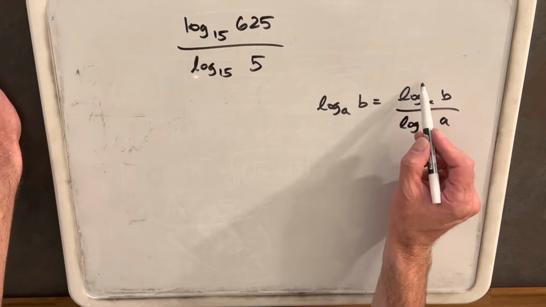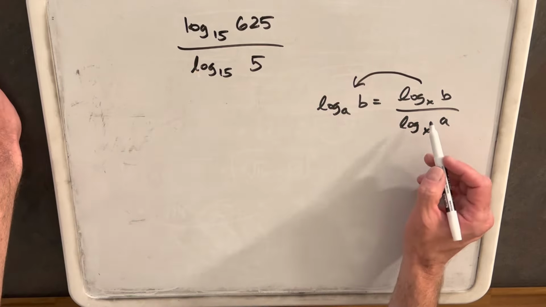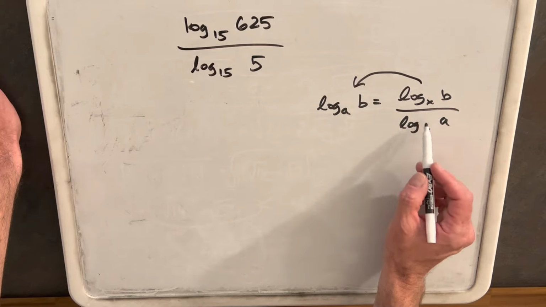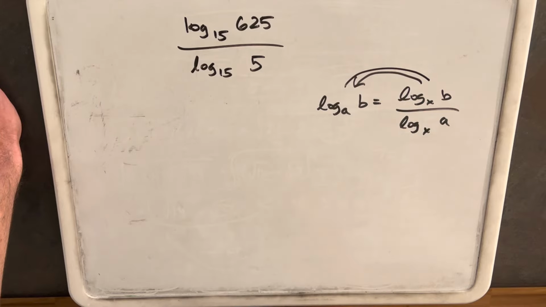And so we also can take this and do this in reverse. In this case, our base is 15, but you notice the base doesn't matter going backwards because the base is going to disappear when we go in this direction.